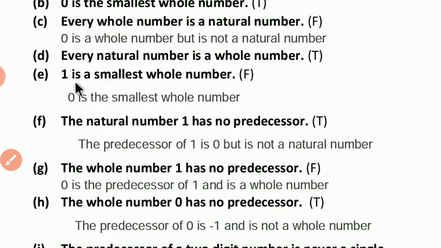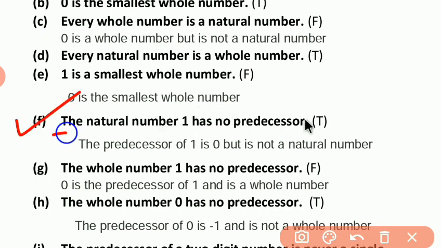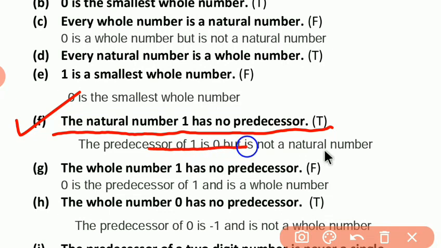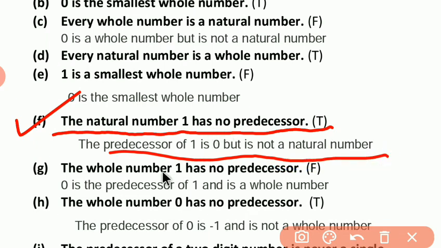Then F, the natural number 1 has no predecessor. It is true. Why? Because the predecessor of 1 is 0, but 0 is not a natural number. So natural number 1 has no predecessor. Predecessor means the number which comes before or minus 1.